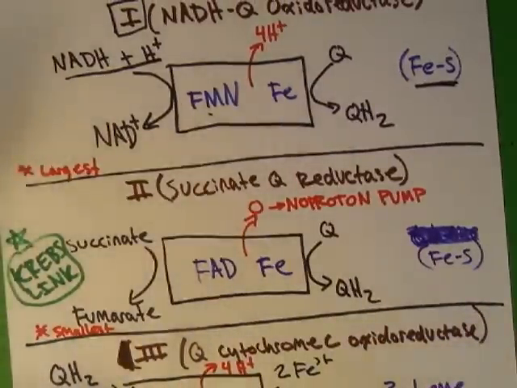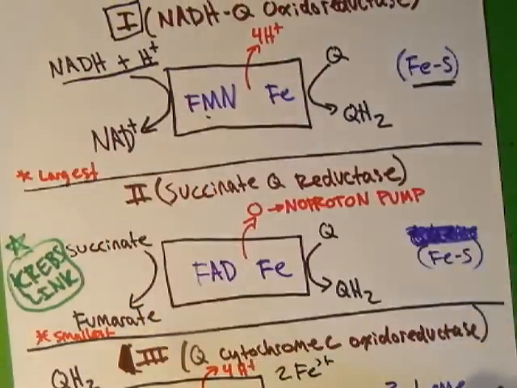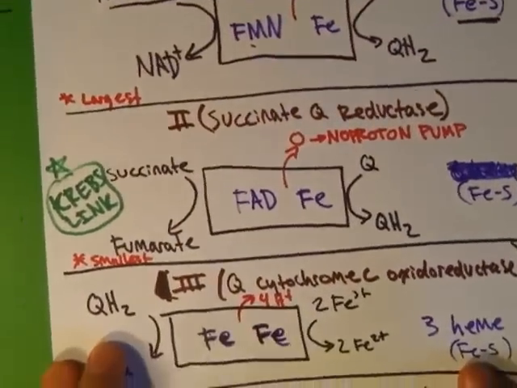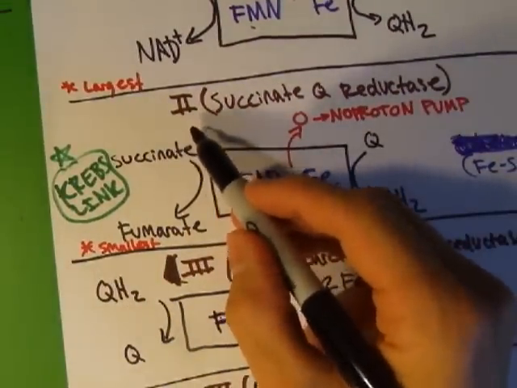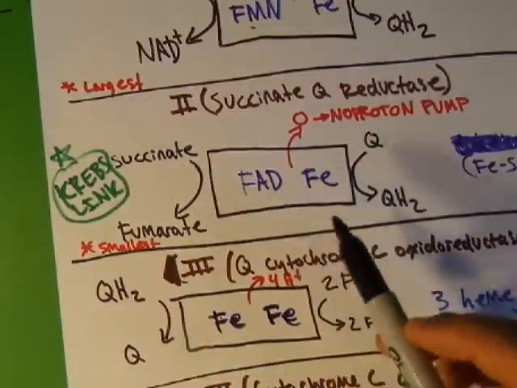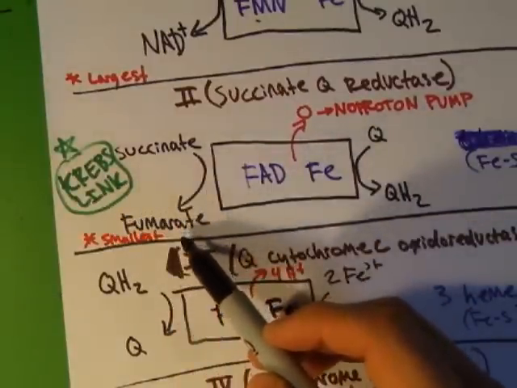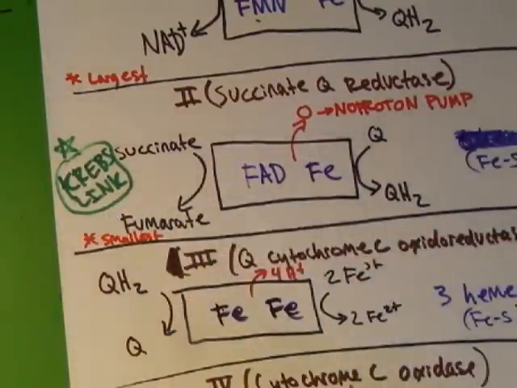So there's 2 entryways into the electron transport chain. Complex 1 deals with the NADH. The next complex, complex 2, deals with succinate, or FAD. That's the direct link, succinate to fumarate, to the Krebs cycle.